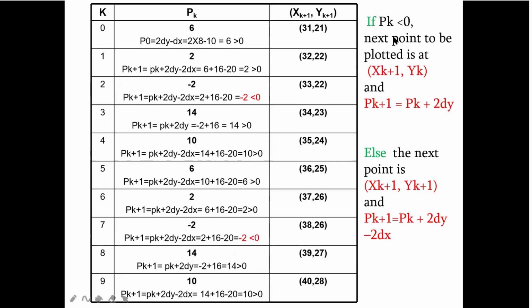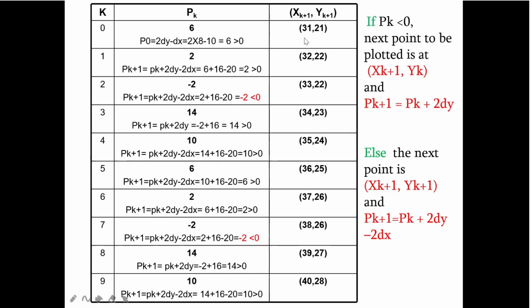So what are our conditions? We have to check in two terms: the p value is less than 0 or greater than 0. So now here the p0 value is 6. We found that 6 is greater than 0. As it is greater than 0, we have to go for this else part. So in the else part, you have to plot the next point.